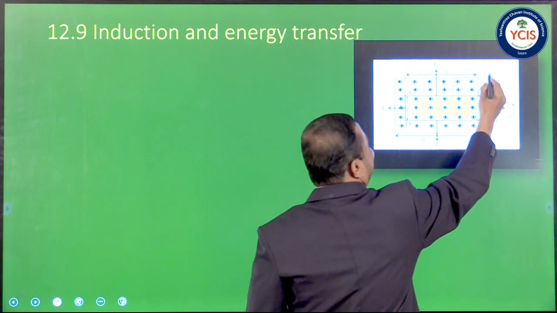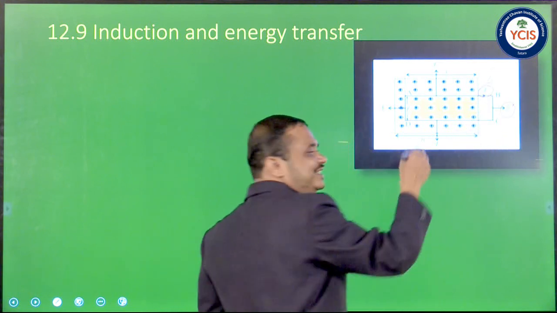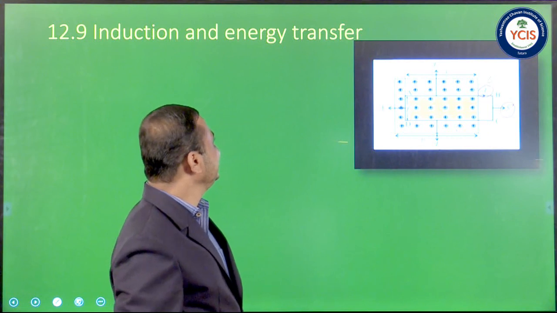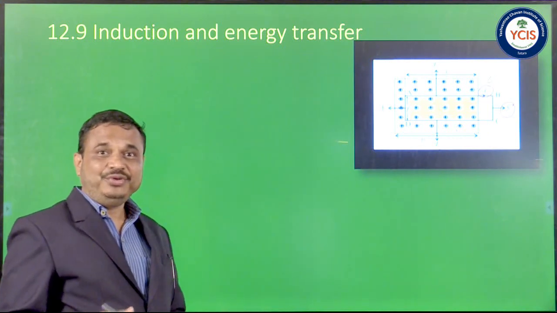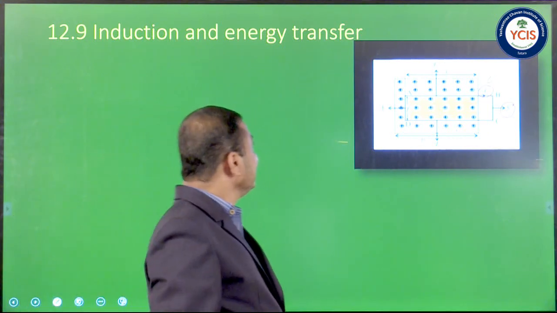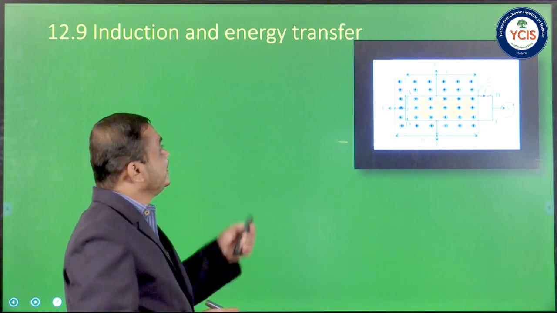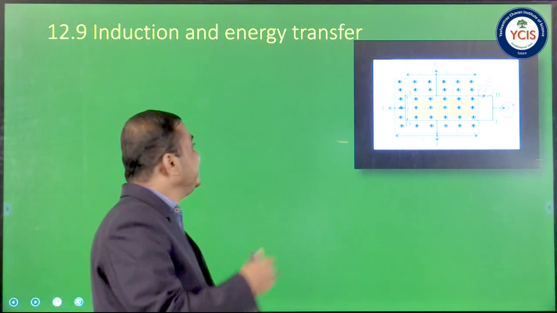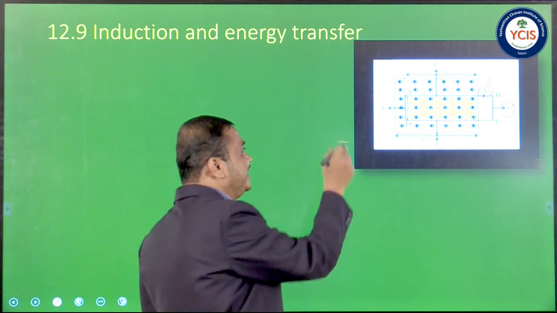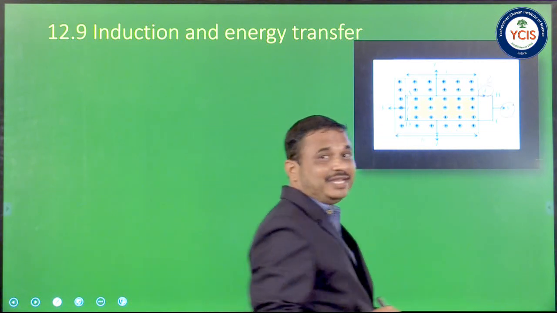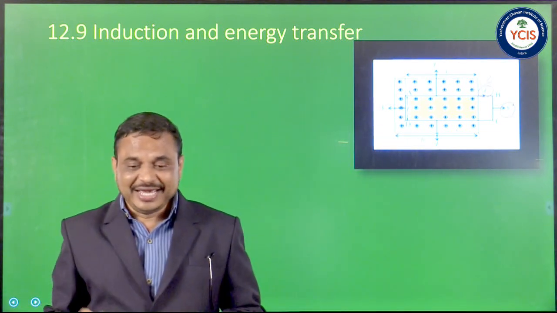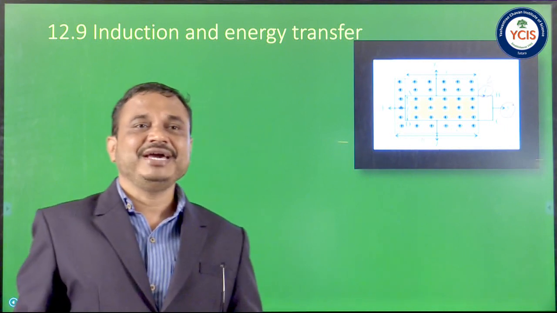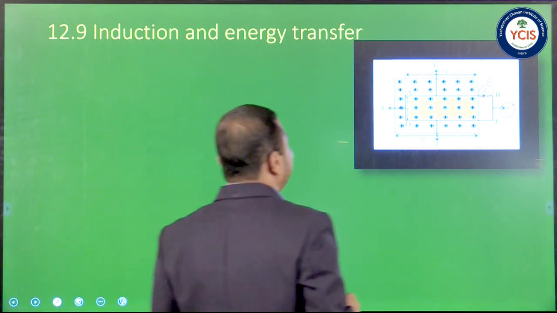This current I is induced in the conductor ABCD and flows through the entire loop, and some part of that loop is placed in a magnetic field. A current carrying conductor placed in a magnetic field experiences a force.